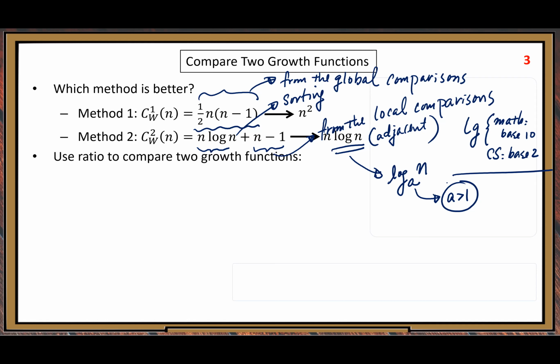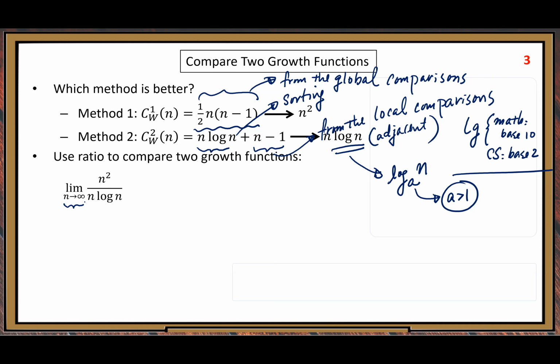All right. Next, let's compare the ratio of these two growth functions. We use a limit to do the comparison. The reason is obvious. Look at the limit when n goes to infinity. That matches our consideration, because we want to focus on very large problem sizes.